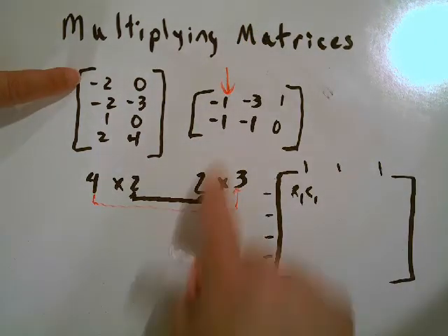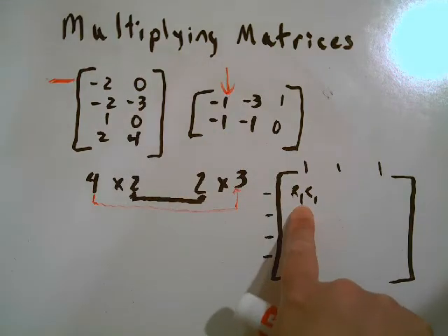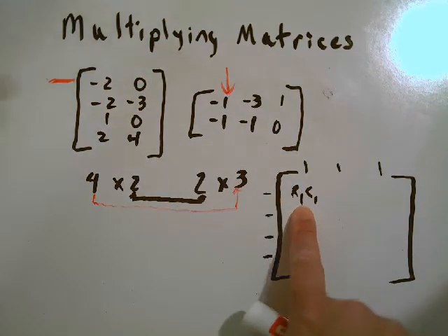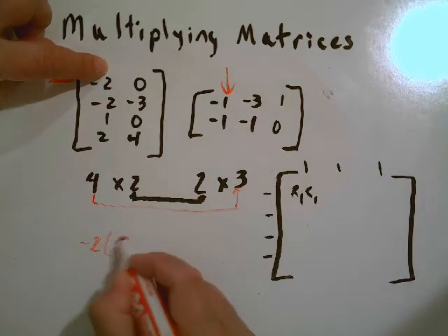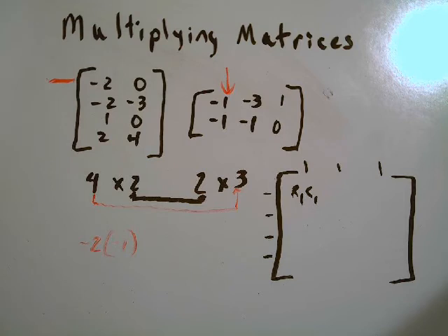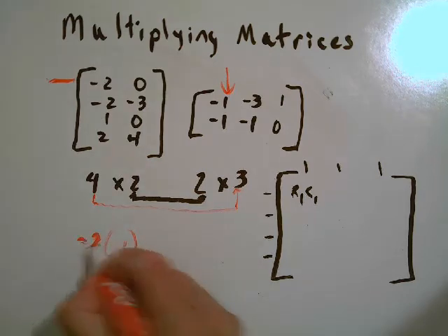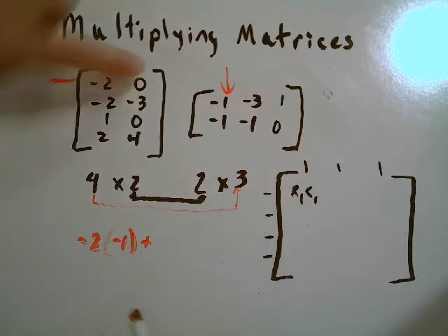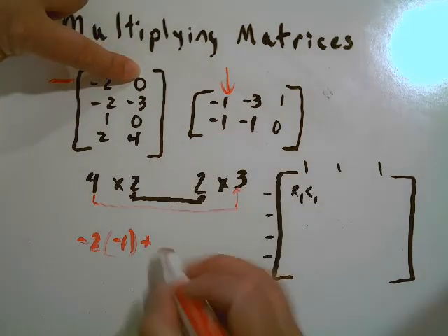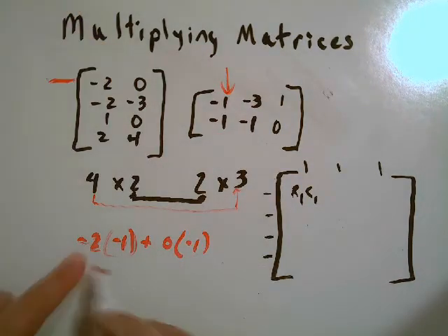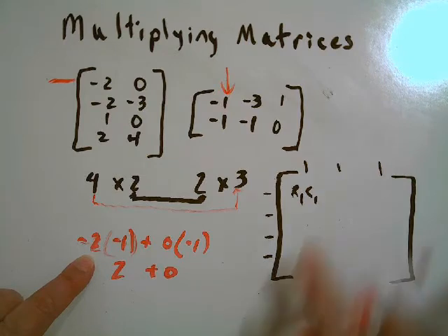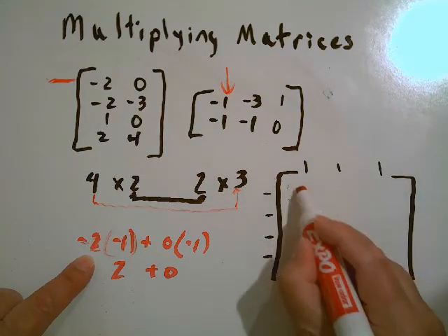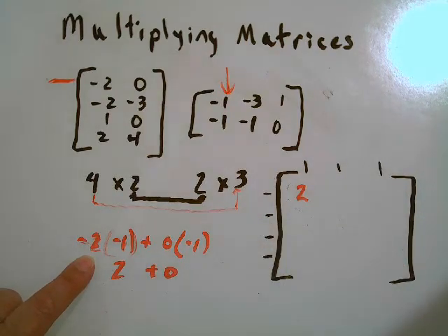So row 1 times column 1 will find this new element. I'm going to do -2 times -1 and add 0 times -1. So -2 times -1 is positive 2, and this is 0. 2 plus 0 is 2, so that is the element for row 1, column 1.